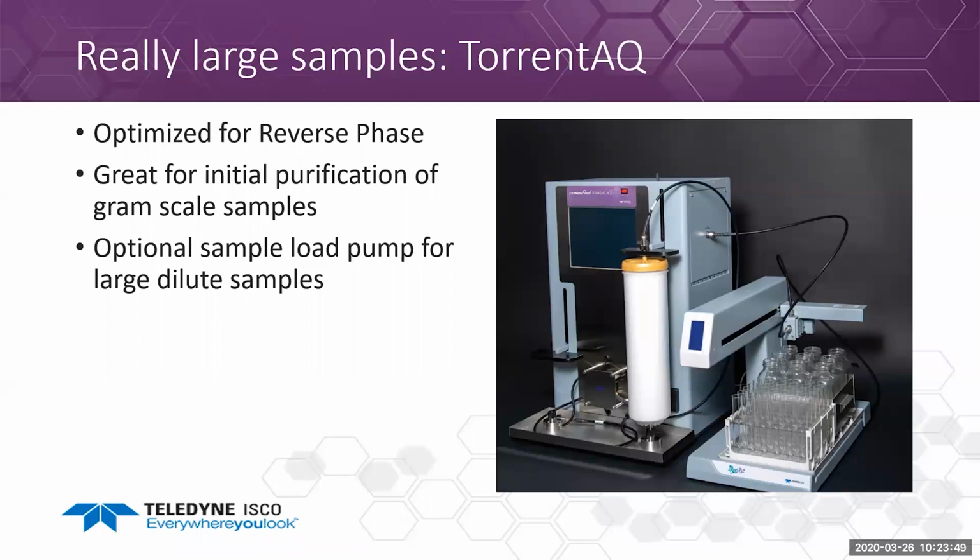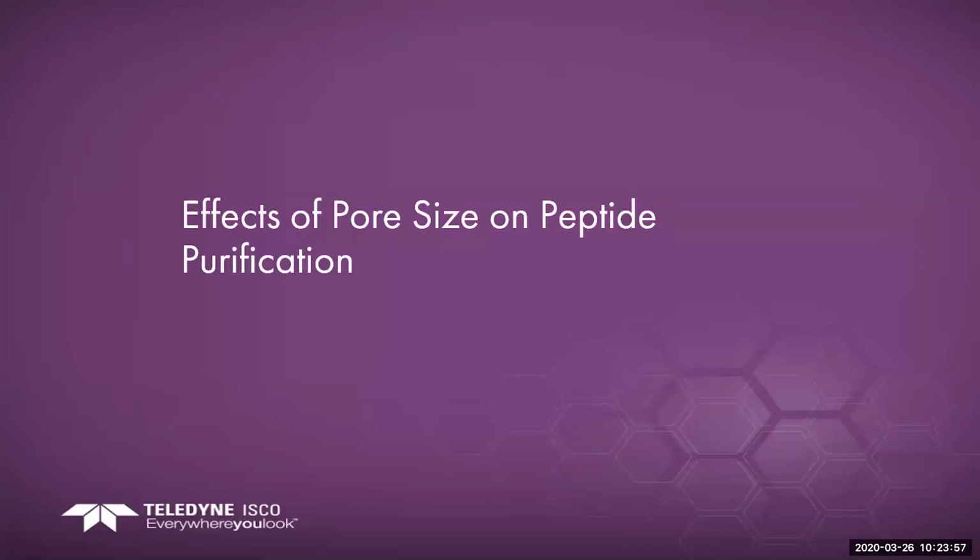It's great for multi-gram scale fractions, and we have an optional sample load pump for large and dilute samples. We're going to talk about pore size and chain length on peptide purification.